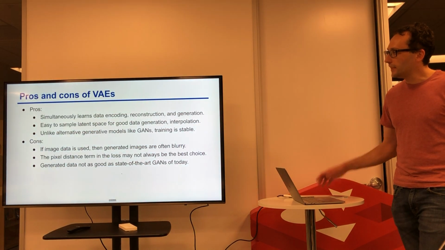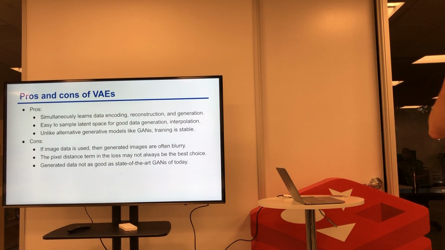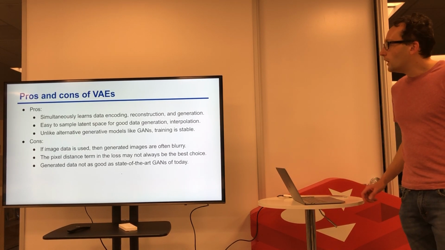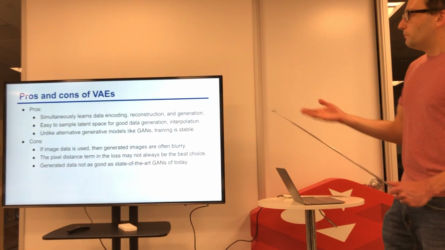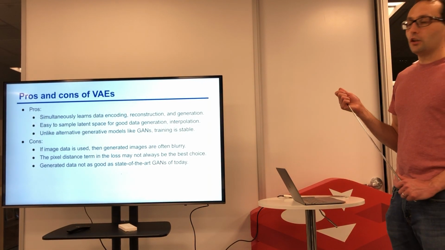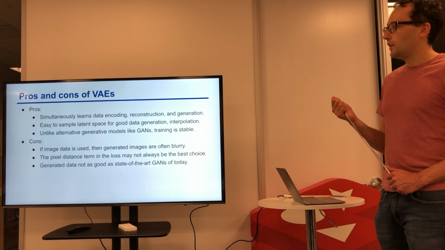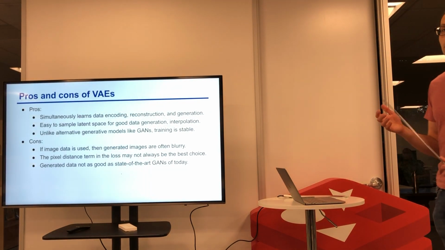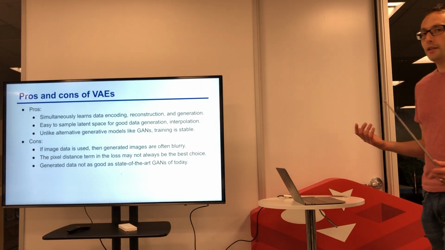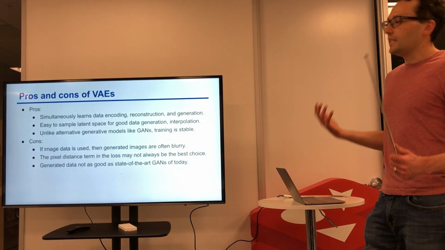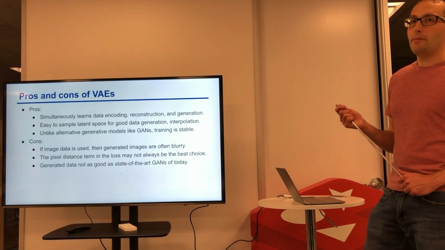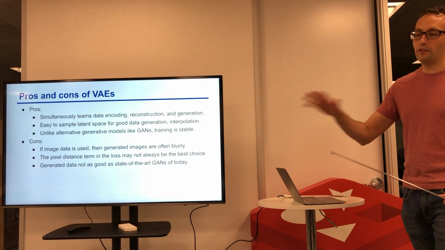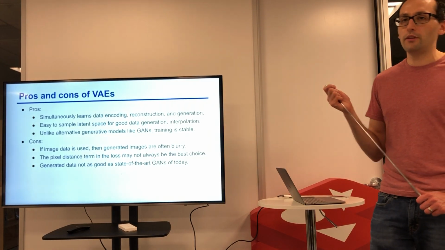So really neat stuff. So this is just a summary of some of the pros and cons of variational autoencoders. So pros, these models are really good at not just data encoding and reconstruction, but also good at random image generation. It's really easy to sample their latent spaces and get compelling images out. And what I've shown you is just the most vanilla version of a variational autoencoder that there is out there.